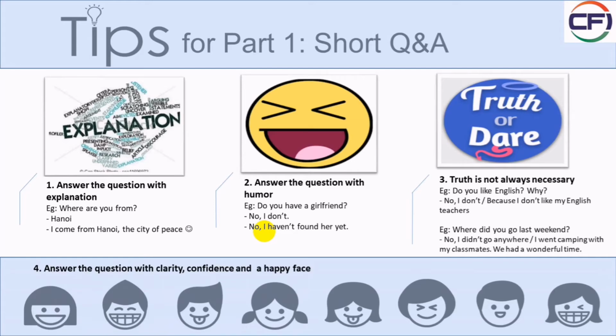Okay, the fourth tip for part 1. You should answer the question with clarity, confidence, and a happy face. I do believe that clarity in your voice, the confidence and happiness in your face can give you more points for your answer. Believe me.